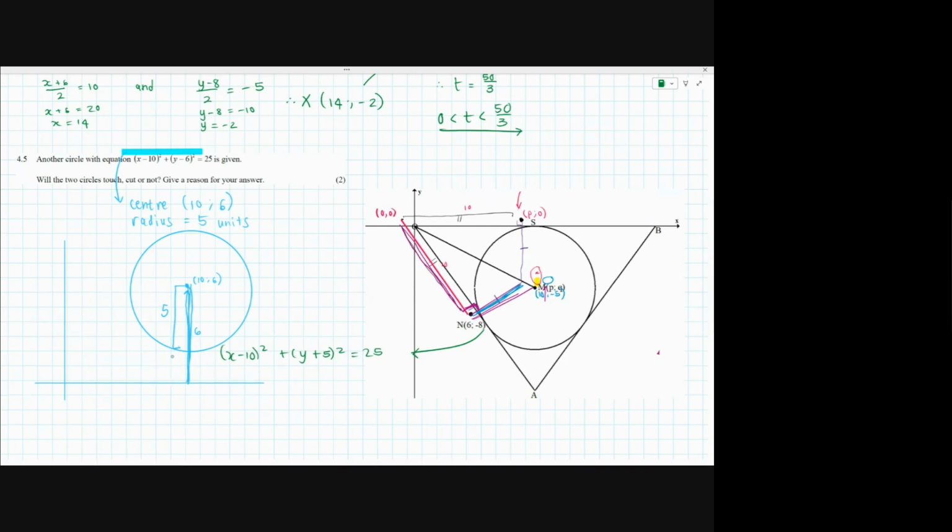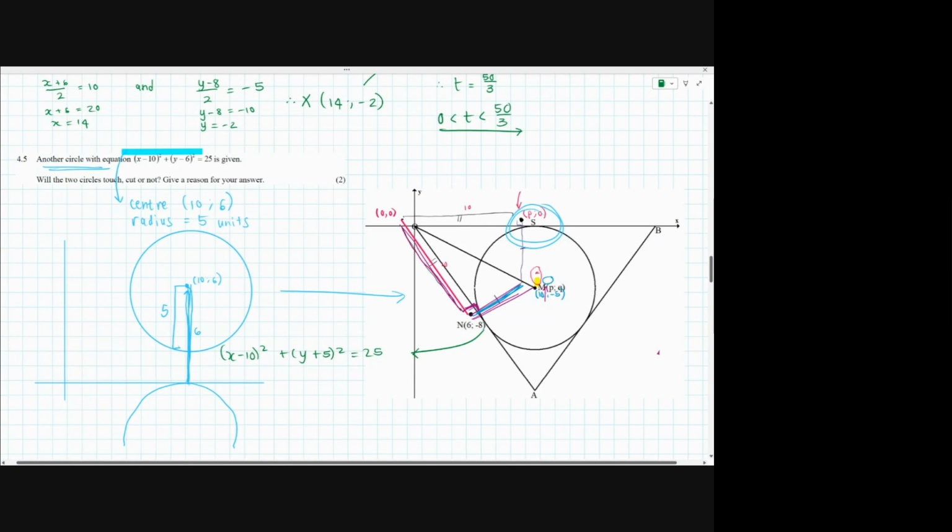And so what that means is that this other circle is never actually going to get anywhere close to the x-axis. If we compare it to the circle we're given, that circle intersects with the x-axis. So based on the fact that this new circle is going to sit somewhere up here, these circles are never going to touch.